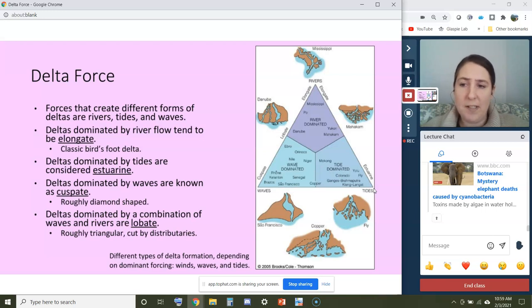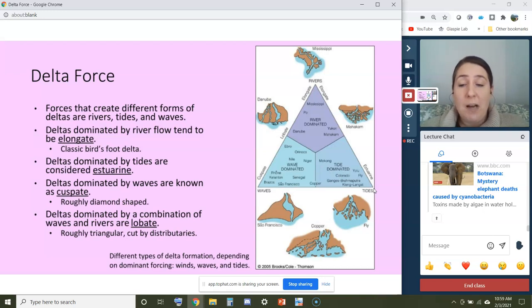So for instance, if we're looking at deltas dominated by river flow, you have a really strong, large river, not a whole lot of tidal activity. The area where the river is draining is relatively protected from the ocean's waves. So these would all be characteristic of the Gulf of Mexico for sure. Microtidal, protected from peninsulas and from the island of Cuba, protected from wave activity.